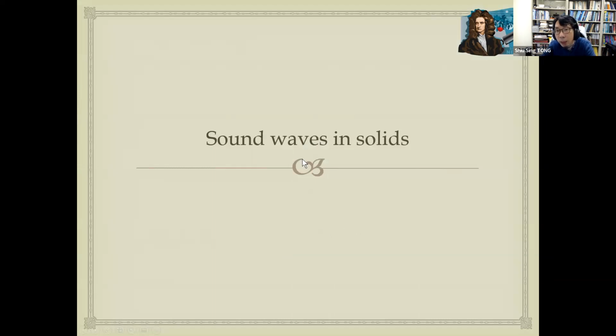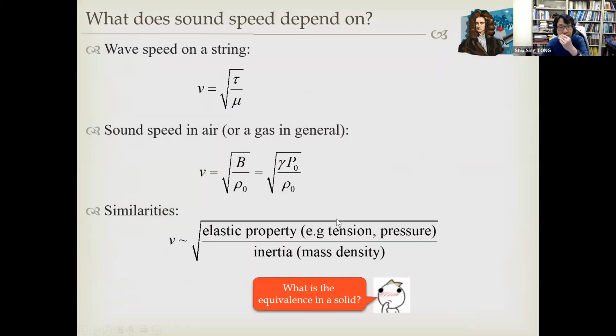Now we also would like to have a brief discussion of sound waves in solids. Now when we discussed strings, we had the wave speed v written as square root of tau over mu, right? Tau is the tension on the string and mu is the linear density.